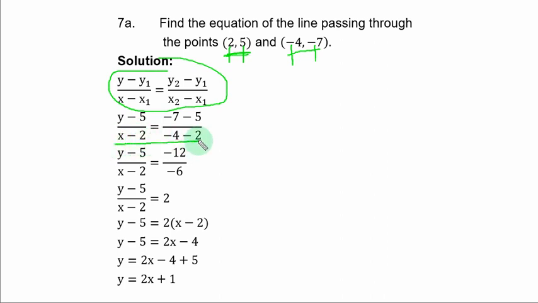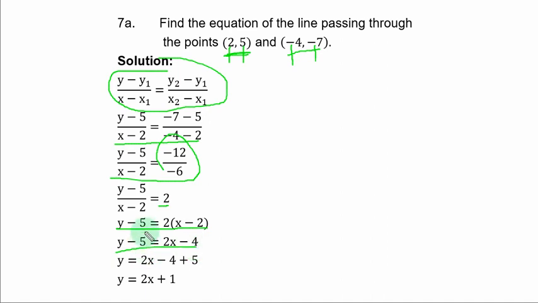If you subtract on the right-hand side, you have this, and if you divide, you have 2. So you simply cross multiply, and you have y minus 5 equal to 2 times (x minus 2). If you open the brackets, you have y minus 5 equal to 2x minus 4.